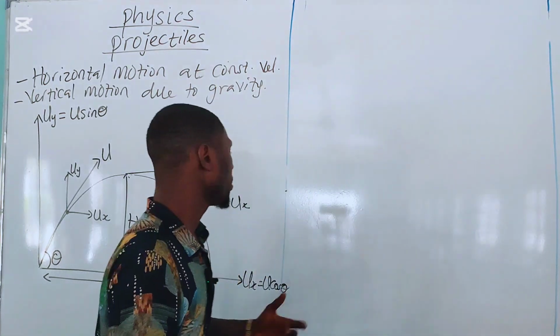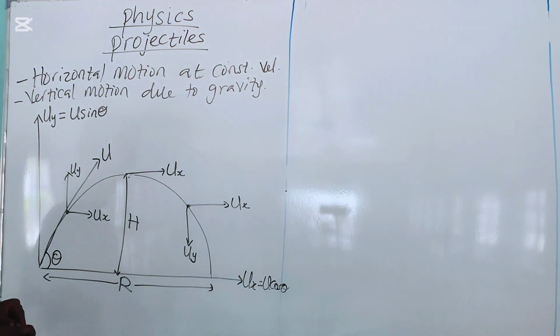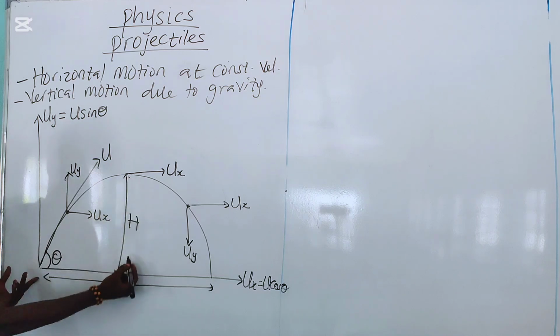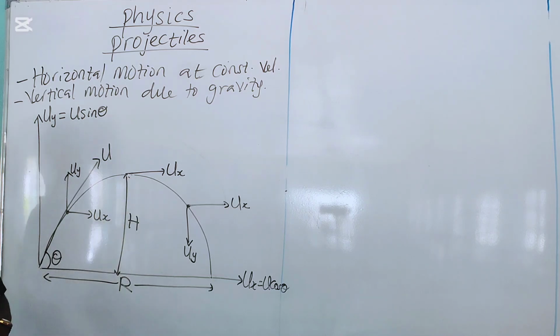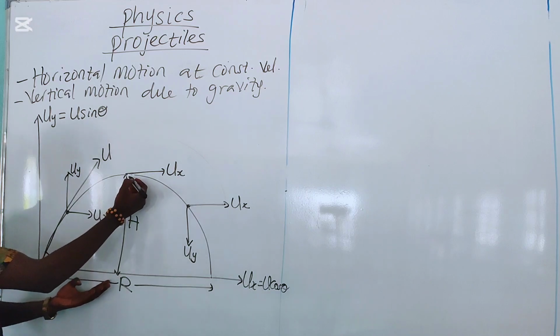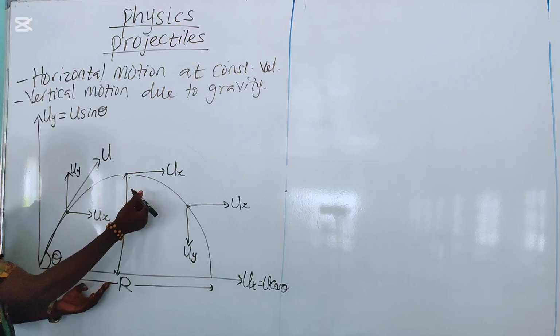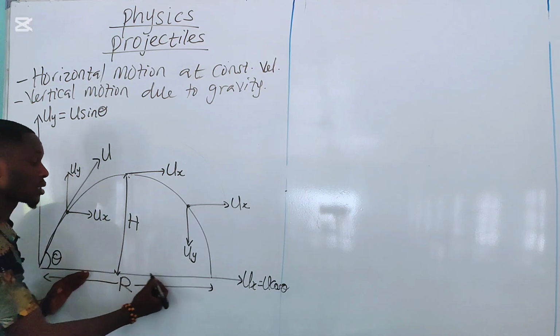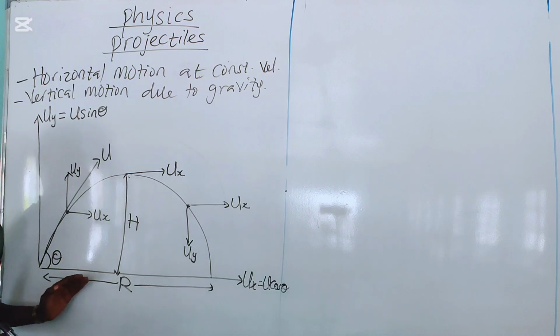Okay, so what do we mean by this maximum height? The maximum height is defined as the highest vertical distance or height measured by the projectile from the horizontal projection plane.